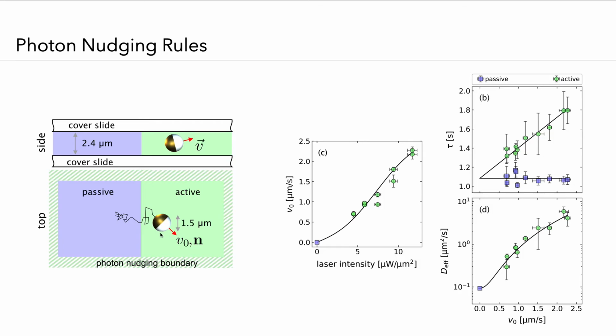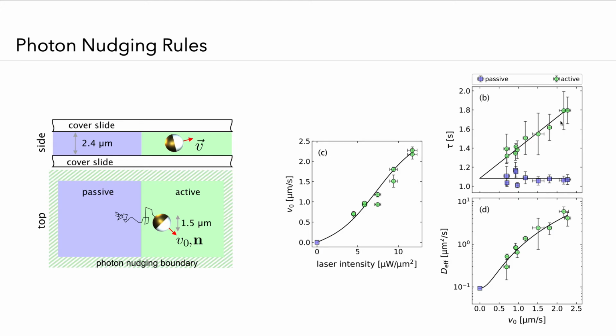And of course, for that purpose, you really have to know very exactly what your swimmer is doing. And these are some of the characteristics of our swimmer in the active and the passive region. This here is the velocity, which only exists in the active region. This is the rotational diffusion time in the active and the passive region.